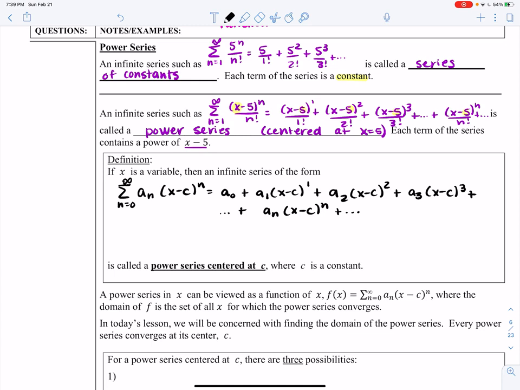Let's call this a power series centered at c, where c is a constant.